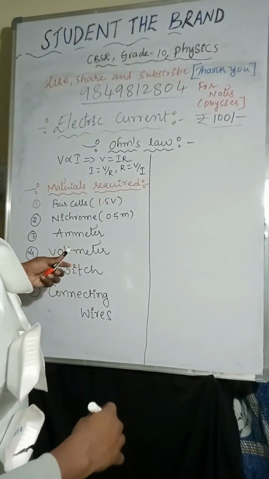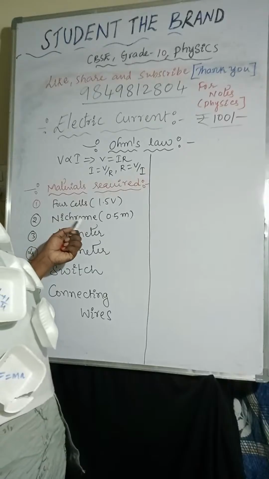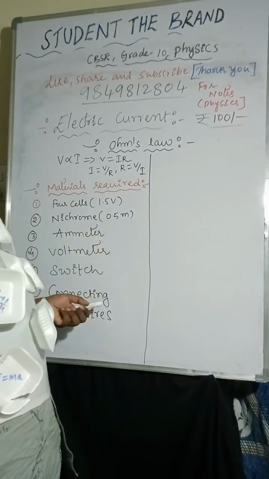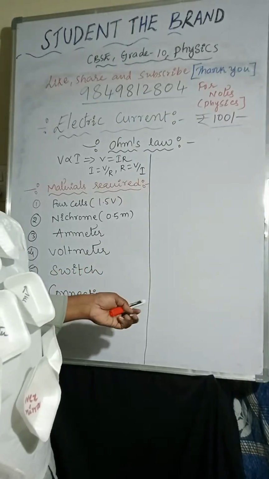So materials required: first 4 cells, 1.5 volts each, nichrome wire 0.5 meter length, ammeter, voltmeter, switch, connecting wires.